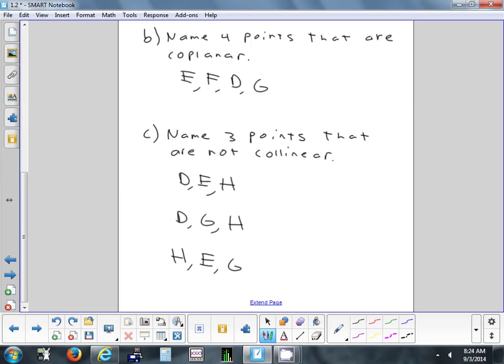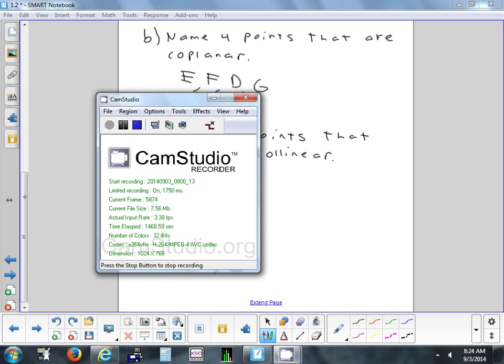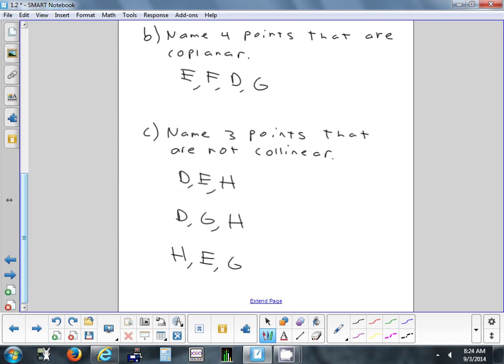Would that be different than HEG? What do you think, James? No. Listing points in different orders doesn't count as a different way to solve this. So there's some good examples of 3 points that are not collinear.